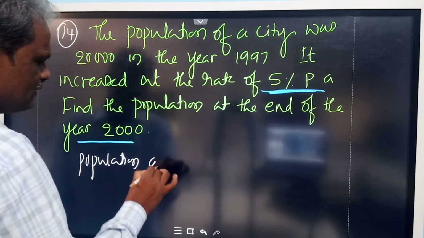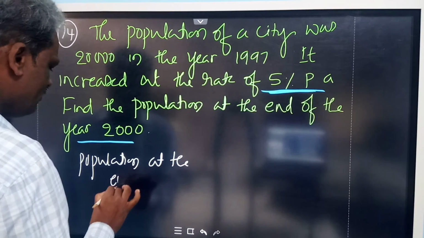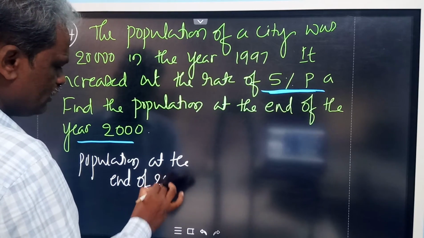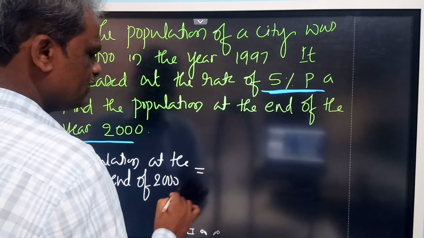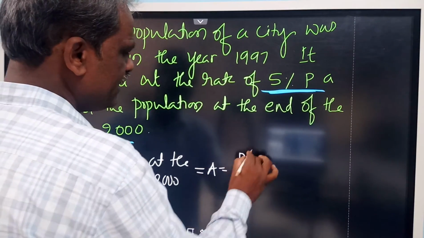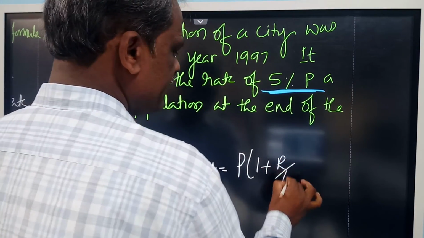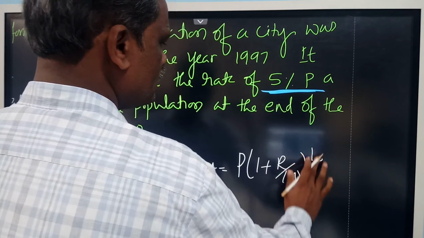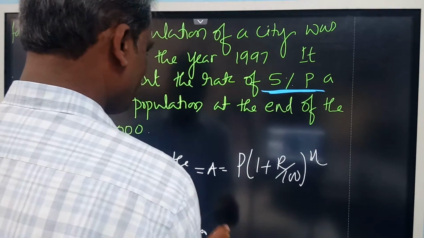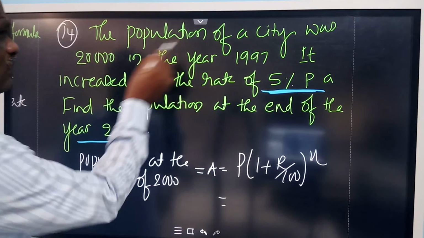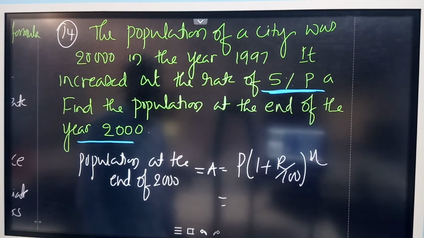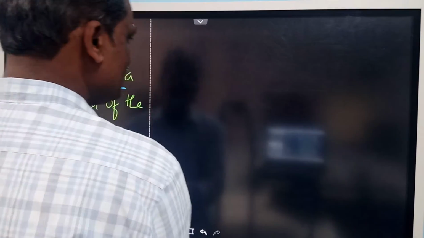So population at the end of 2000 will be same as amount, P into 1 plus R over 100 whole to the power n. Now you can use here P as the population which was in the year 1997. What was the population in the year 1997?